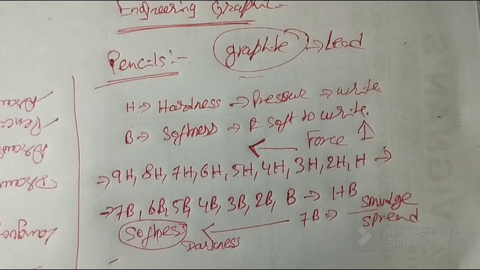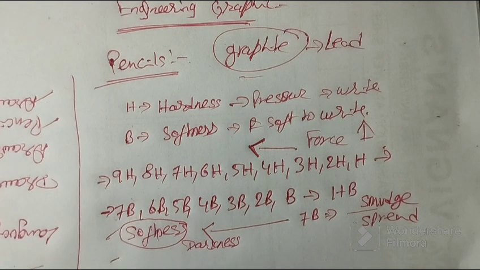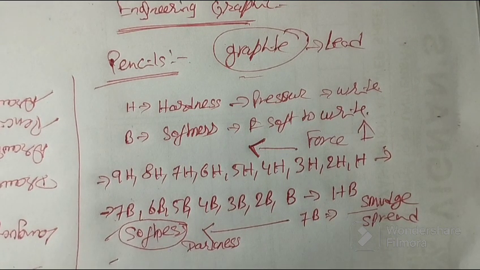If the pencil is too dark, in engineering graphics, when you try to erase something, you could erase it, but it will spread all over your drawing sheet. So your white drawing sheet would become black. That's the reason we don't use too soft a pencil in engineering graphics.